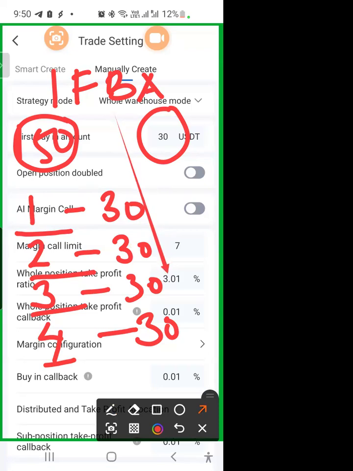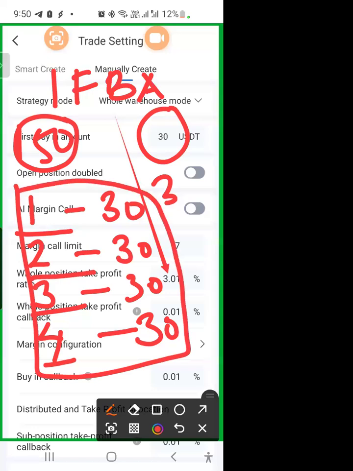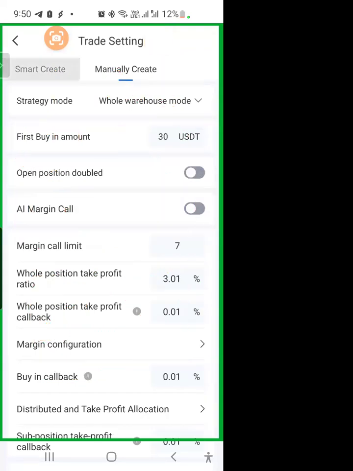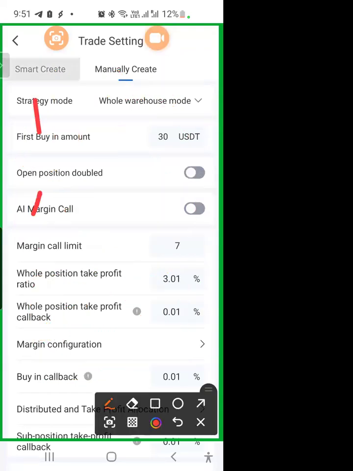In case you set 3 here, meaning from the time you entered the market, if all these 4 margin calls were bought, and now the market has moved up by 3%, they will be sold at 3. Therefore, first margin call to the fourth margin call, their take profit is the one you set here. I guess that is clear to most people.